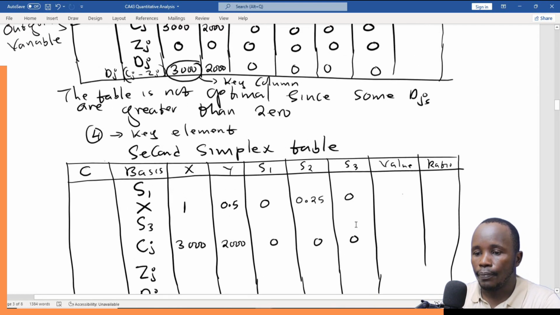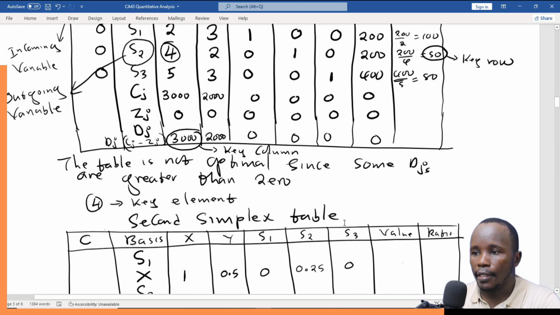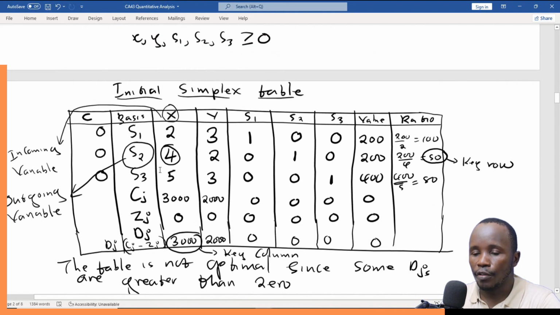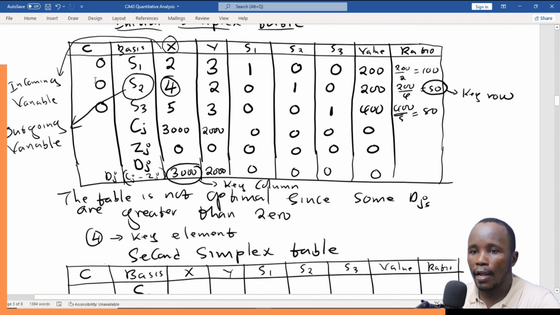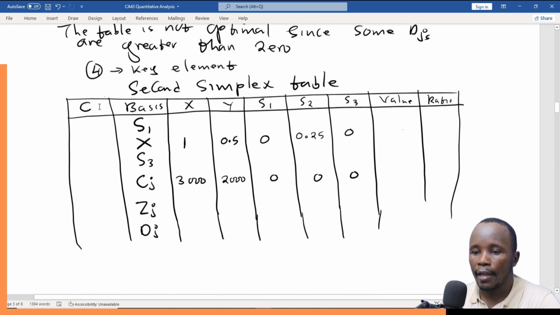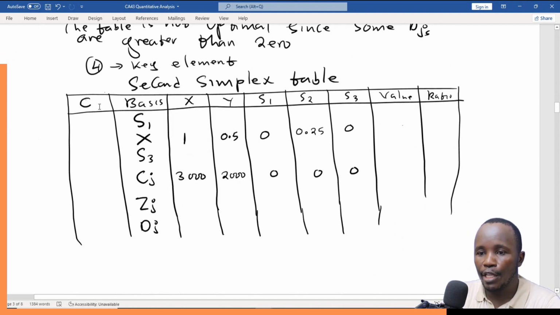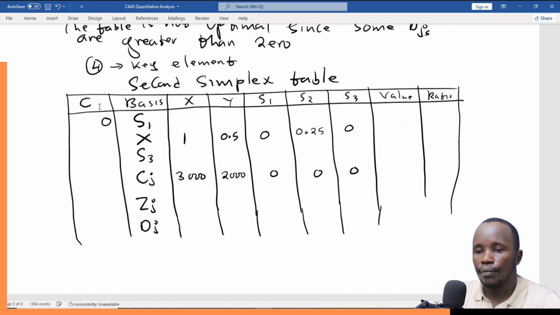Now, take note of the contribution here. S1 remained to be 0.